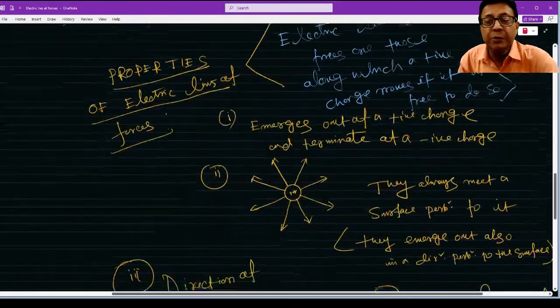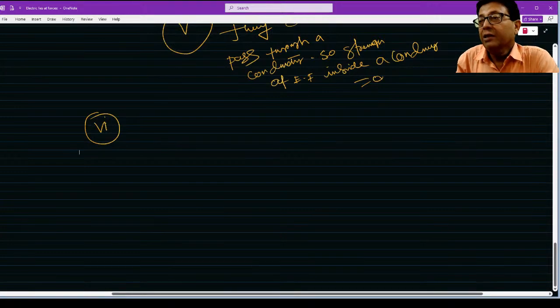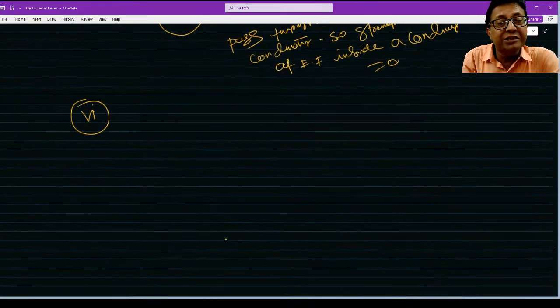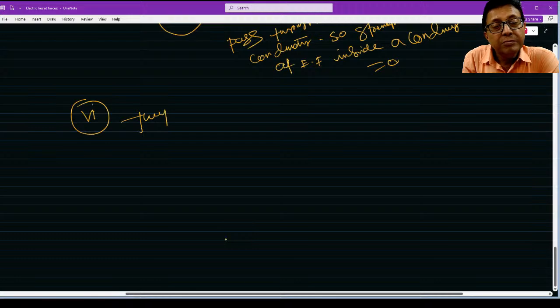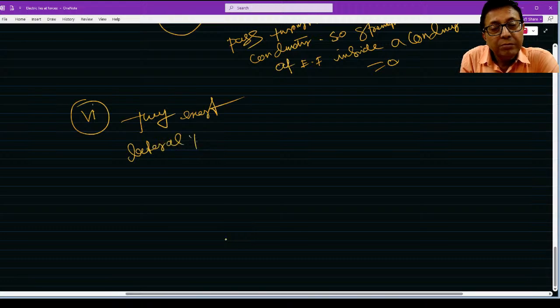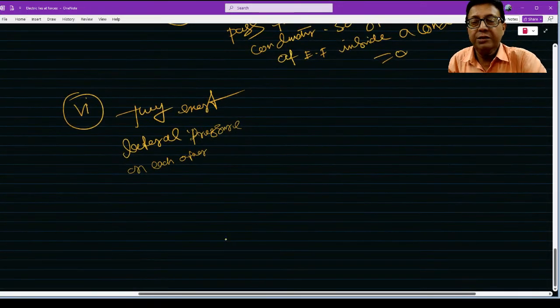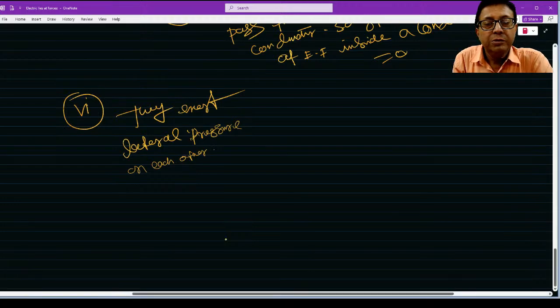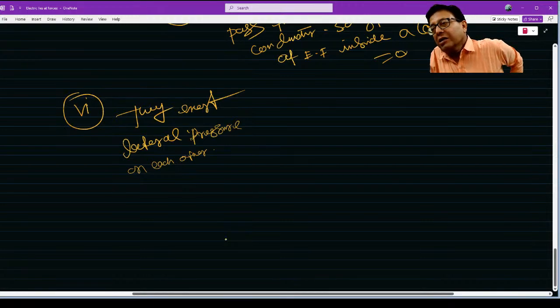This will come under a property: they exert lateral pressure on each other.